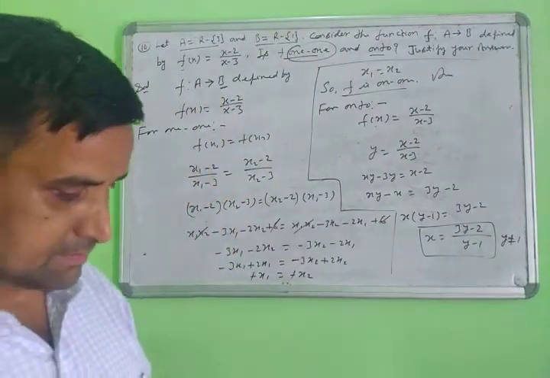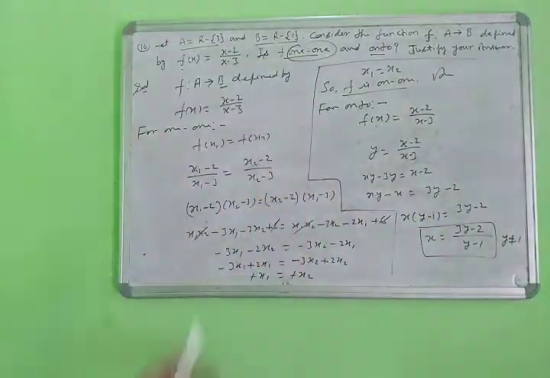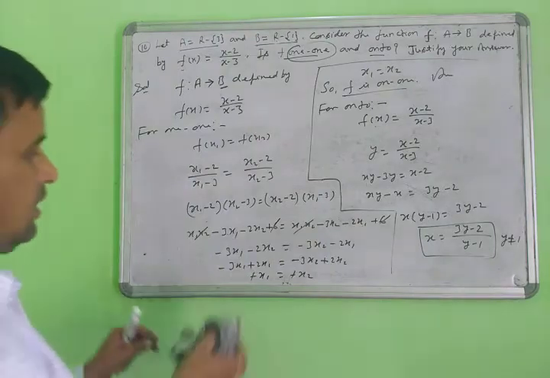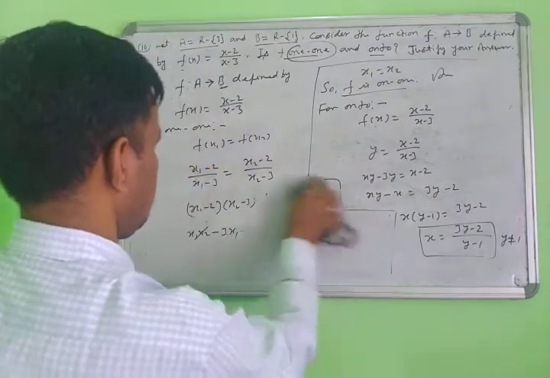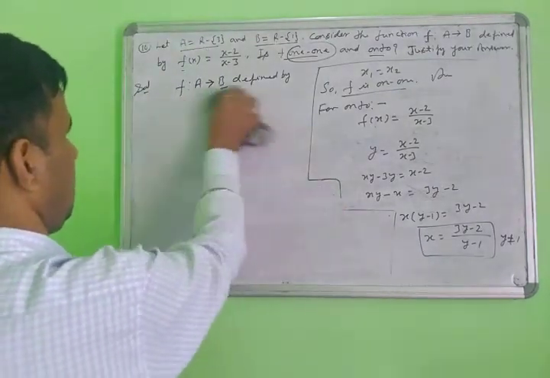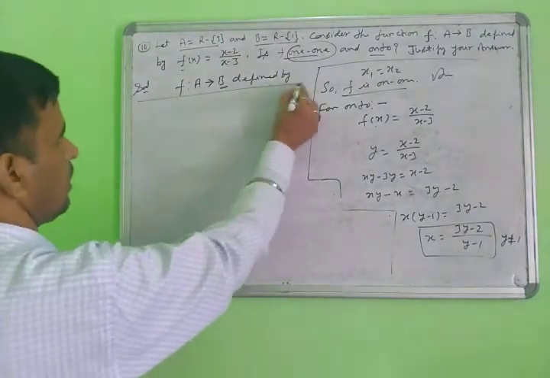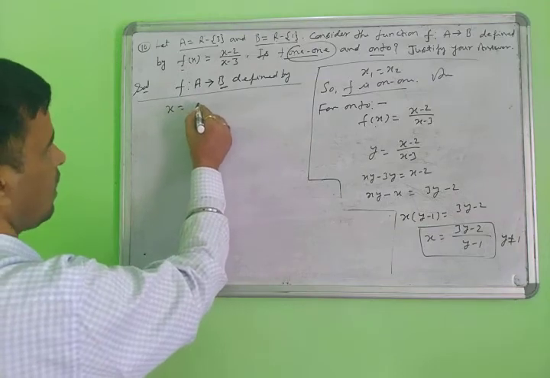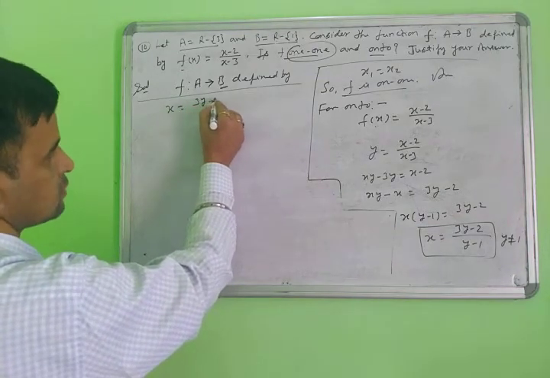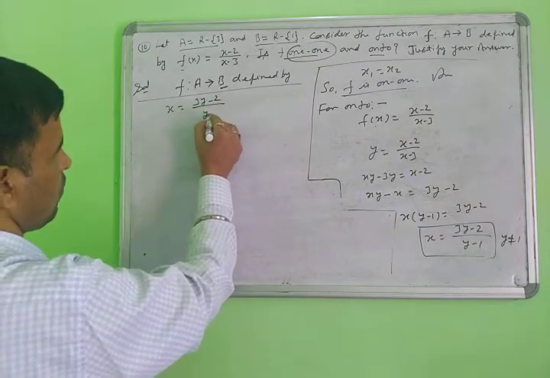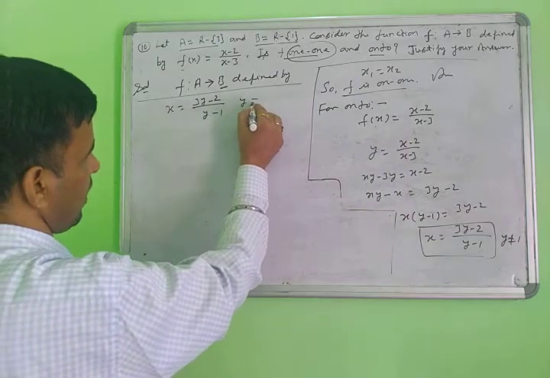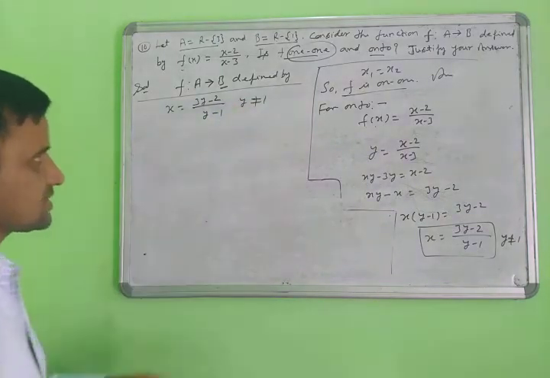In this case, first note it down: x equals (3y minus 2) upon (y minus 1) when y does not equal 1.